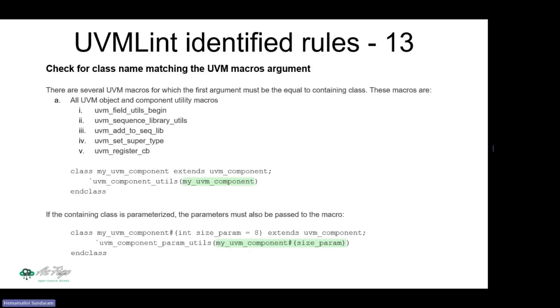Then probably the last two. In this case, it checks for the class name matching the UVM macro's argument. There are several UVM macros for which the first argument must be equivalent to the class name.